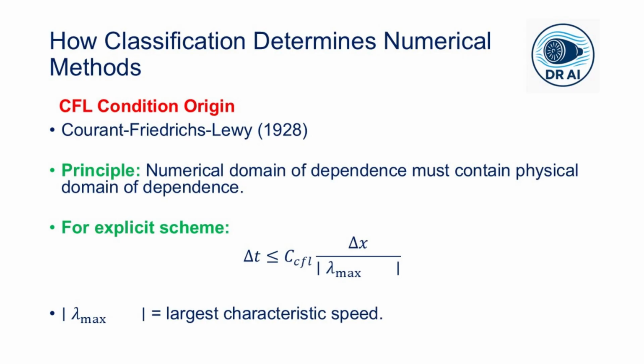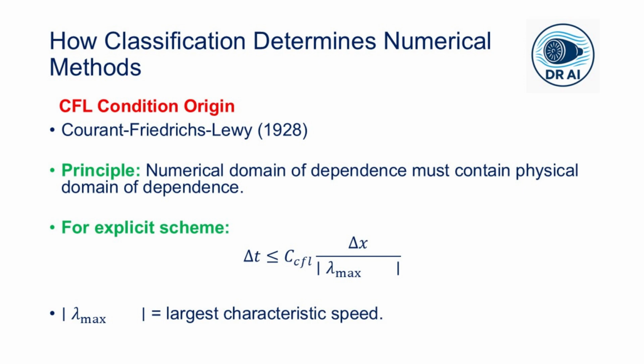So in explicit time marching, this translates to delta t less than or equal to C times delta x divided by lambda maximum, where lambda maximum is the largest absolute eigenvalue, representing the characteristic speed.